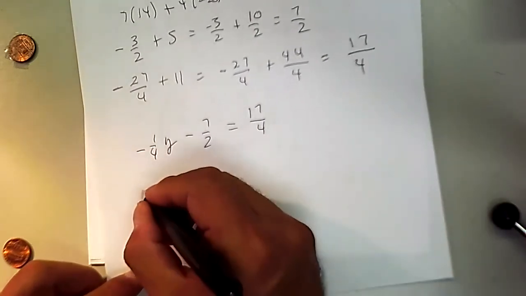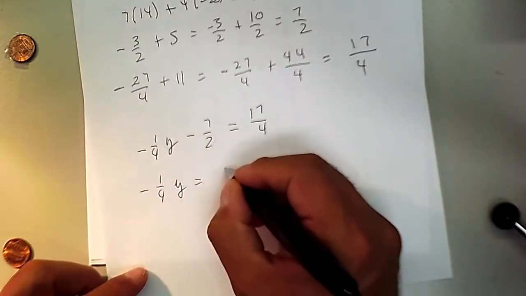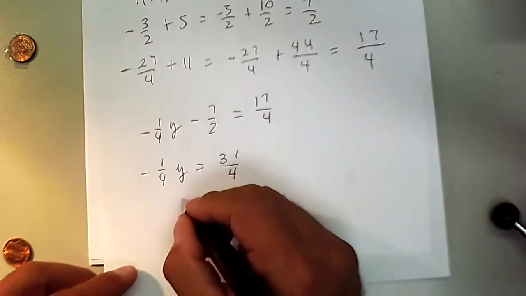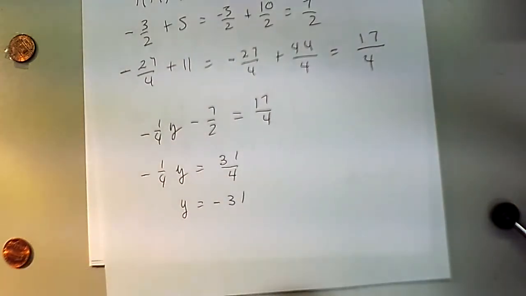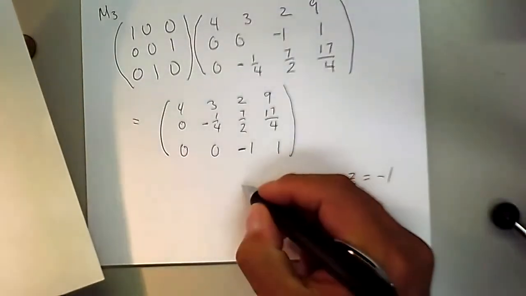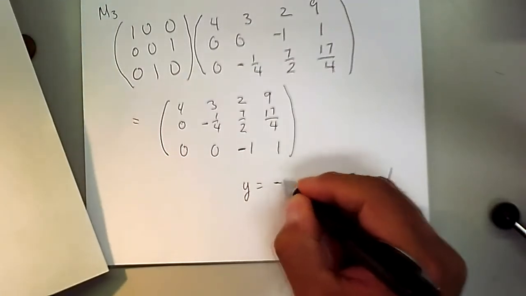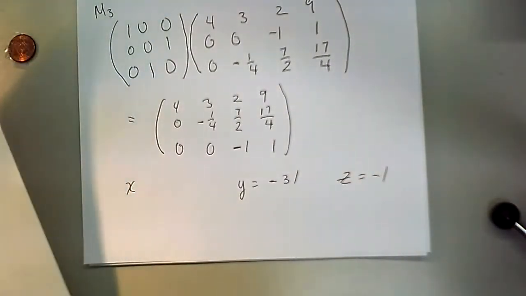So this translates into -1/4 y equals 31/4, which means y would have to be -31. We're going to check all of this in a moment anyway. So to be sure, y equals -31. And then we can figure out x from that.